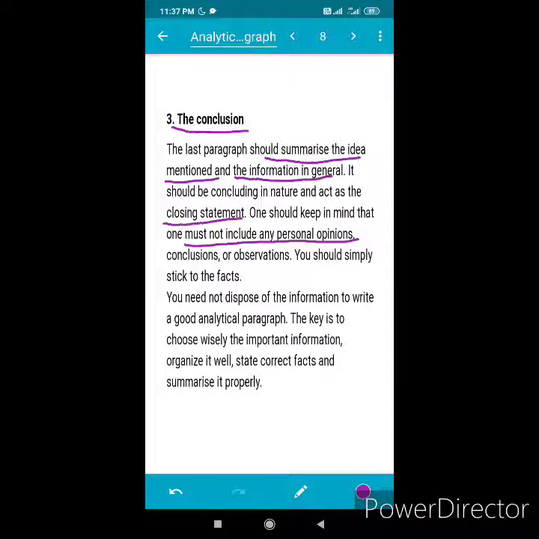You should not include any personal opinions, conclusions, or observations. You should simply stick to the facts. You need not dispose of the information to write a good analytical paragraph. The key is to choose wisely the important information, organize it well, state correct facts, and summarize it properly.